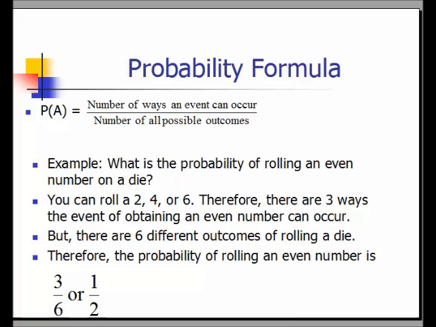You can roll a 2, 4, or 6 on the die. Therefore, there are 3 ways of obtaining an even number. But there are 6 different outcomes of rolling a die. Therefore, the probability of rolling an even number is 3/6, which reduces to 1/2.